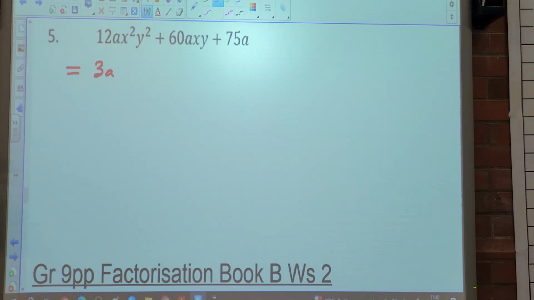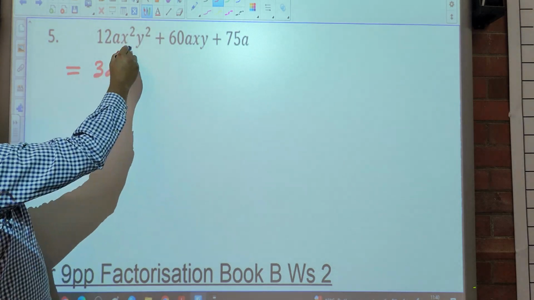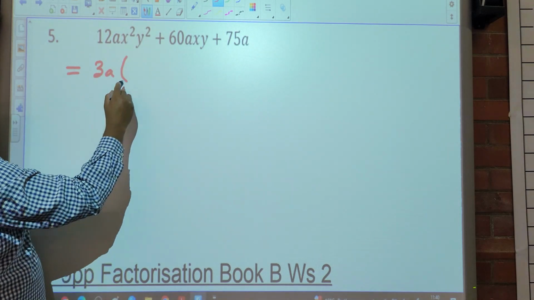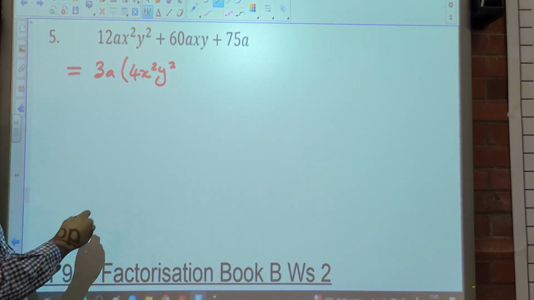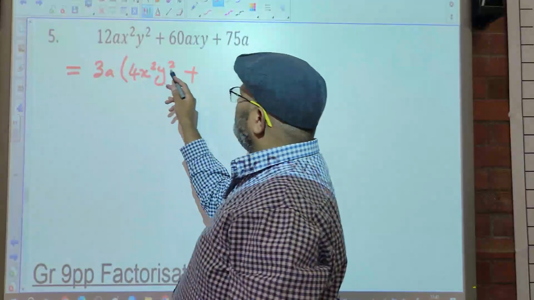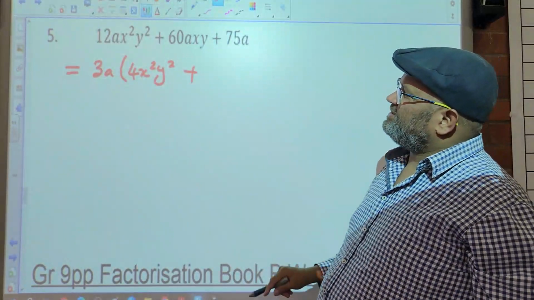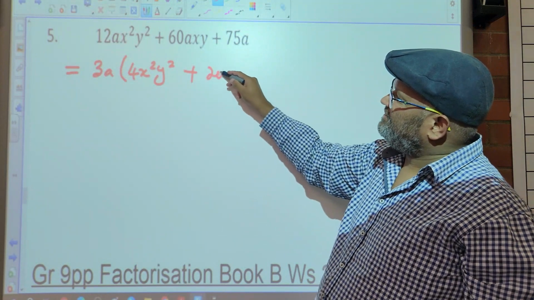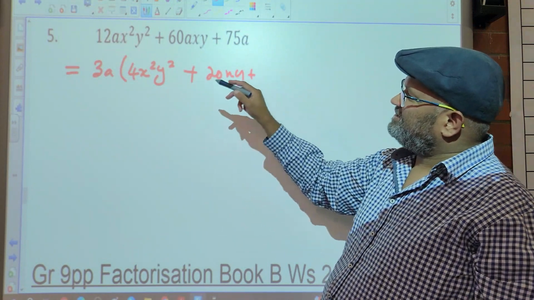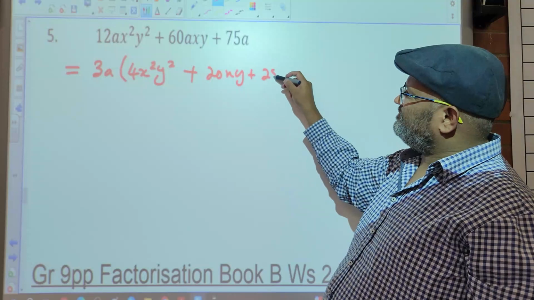So 12ax squared y squared divided by 3a is going to give you 4x squared y squared, plus 3a multiplied by what is 60axy? 20xy, plus 3a times 25.